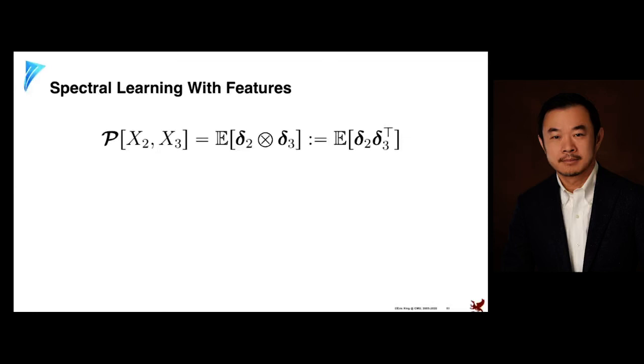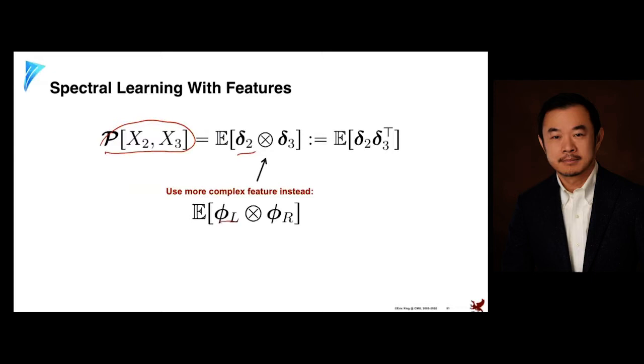And then this matrix, which originally is the truth table of the configuration of X and Y only, now becomes an outer product of the 2 feature vectors. Originally it's the delta vector describing just the configurations of X, and I'm going to now replace them with the left and the right feature vectors.